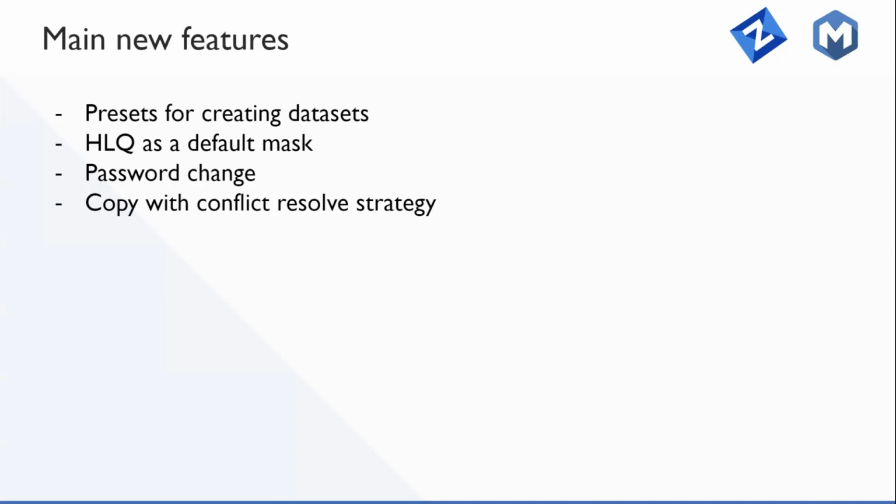It will also be presented a little later. The third major change is a password change feature for the newest version of z/OS, which is 2.5 right now. And the last but not least item in the main new features list is the copy with conflict resolve strategy feature.